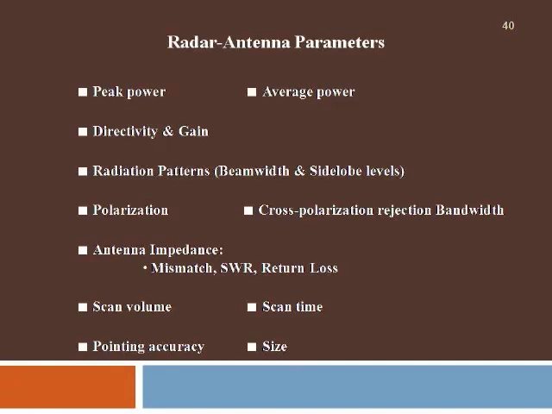The parameters are peak power, average power, directivity and gain, radiation pattern, particularly the beam width and side lobe levels, polarization, cross polarization, antenna impedance, scan volume, scan time, pointing accuracy, and finally the size and weight. Let us see these parameters one by one.